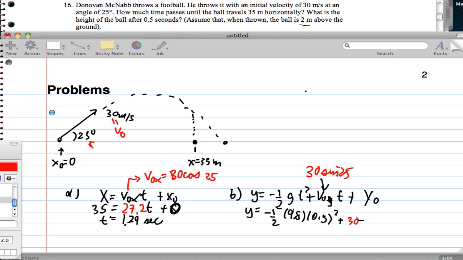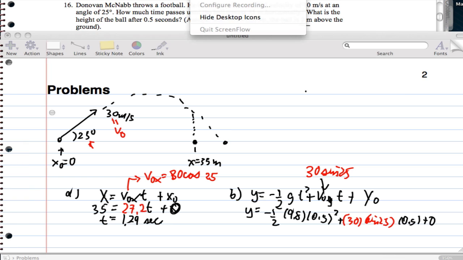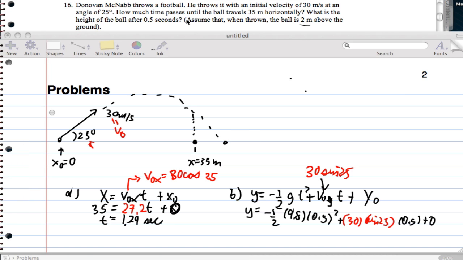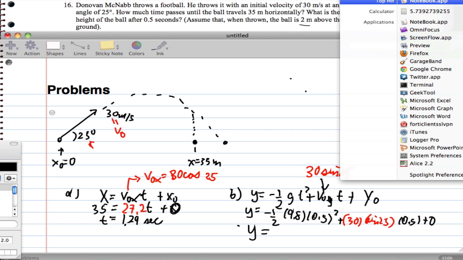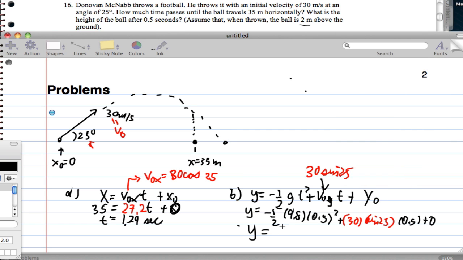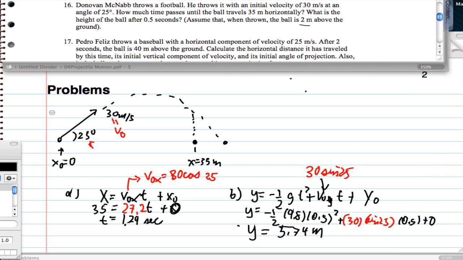So that's going to be 30 sine of 25 times 0.5 plus 0. That's how we're going to end up getting the height. So I'm going to put that in my calculator. And when I run the calculation, I end up getting 5.74 meters. I hope I did that right. I know I set it up right. I hope the number is right. So you'll have to check that yourself.